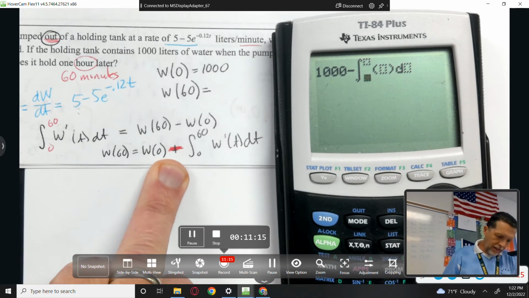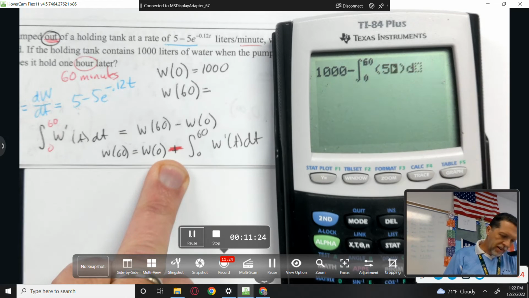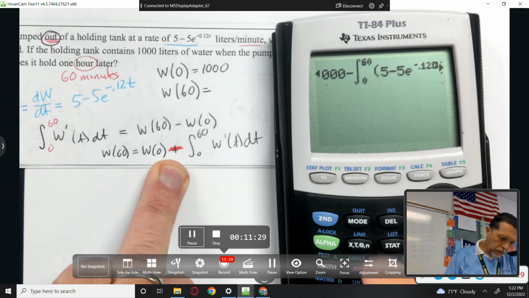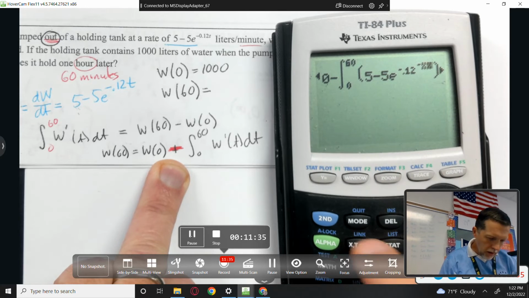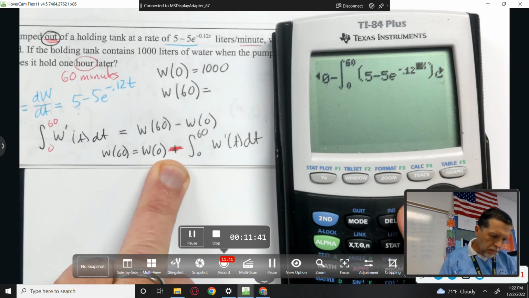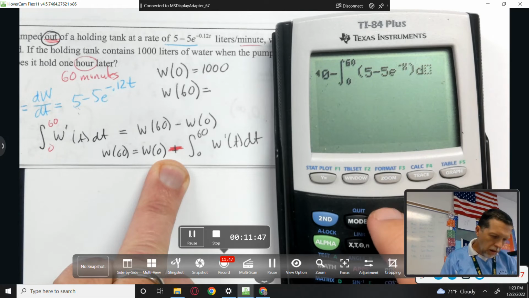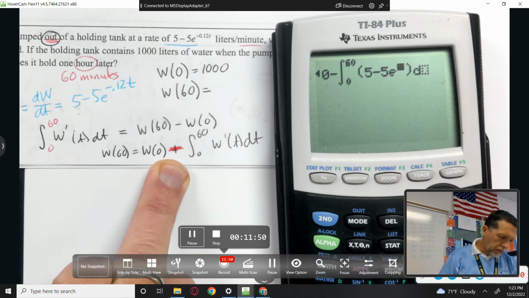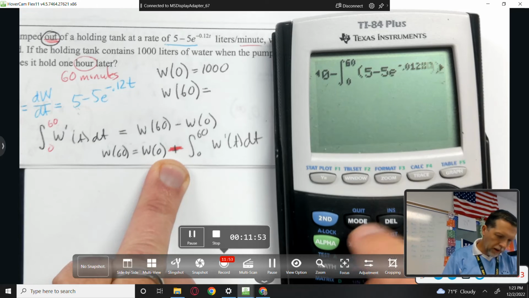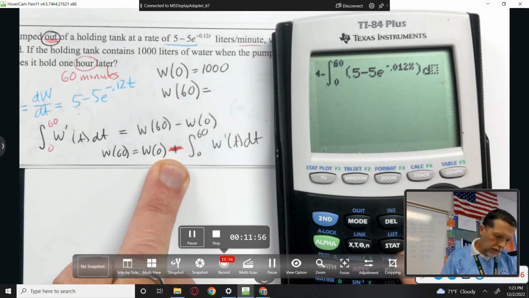Math 9 is the integral from 0 to 60 of W prime, 5 minus 5 e to the negative 0.12x dx.